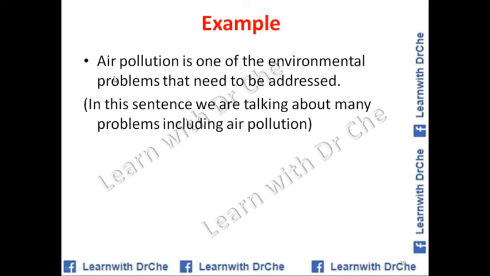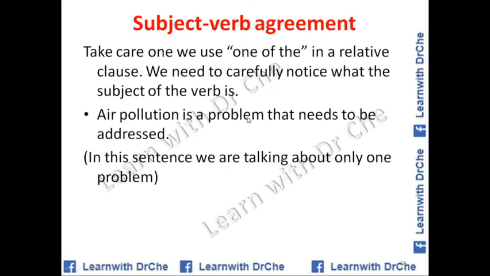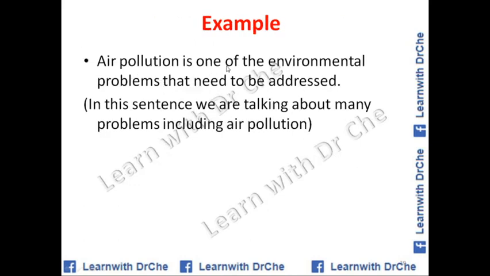Now look at this sentence. Air pollution is one of the environmental problems that need to be addressed. Now look, before we were talking about only one problem. We used needs. There was no one of the. And here we are using one of the. Air pollution is one of the environmental problems that need to be addressed.